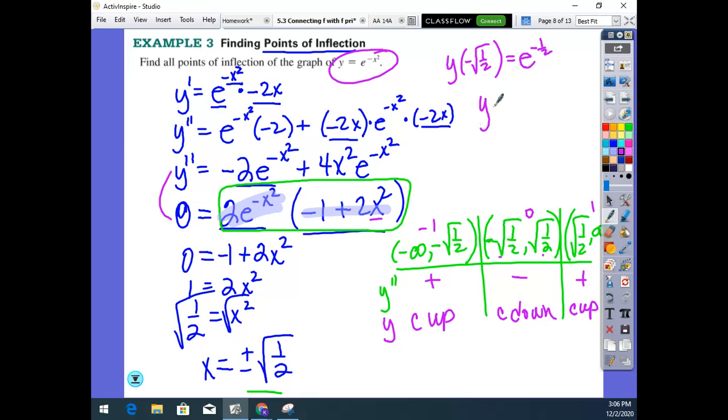And if I plug in positive square root of 1/2, okay, so these are my inflection points because it's where the second derivative equals 0 and there's a change in sign with the second derivative.